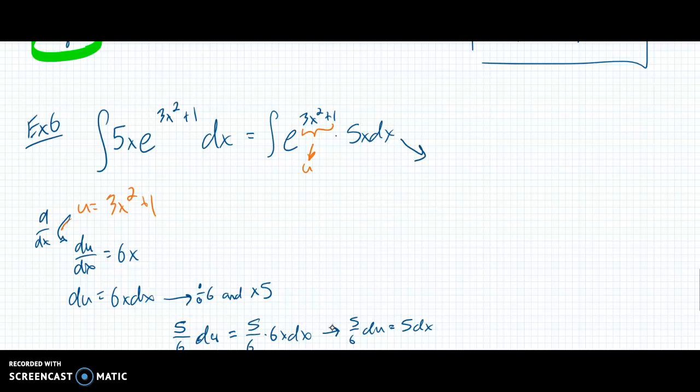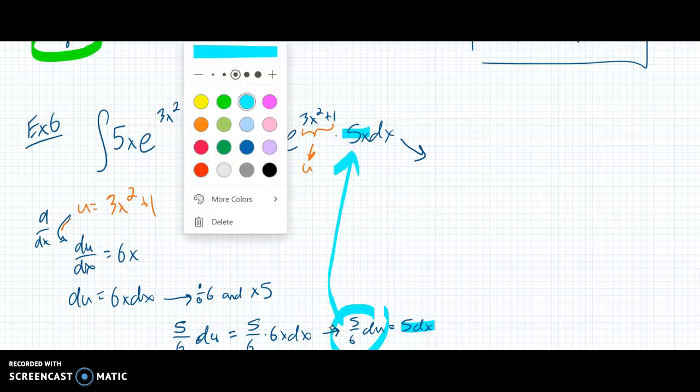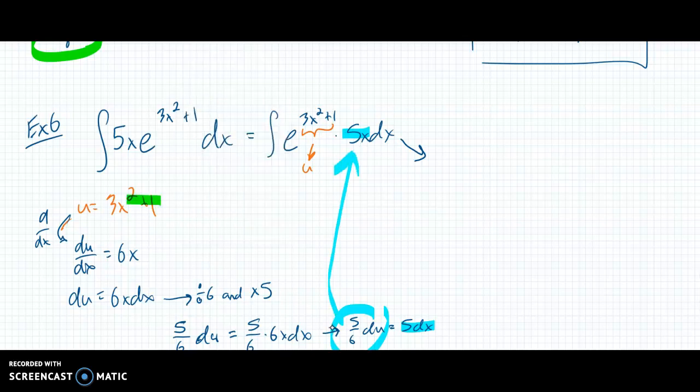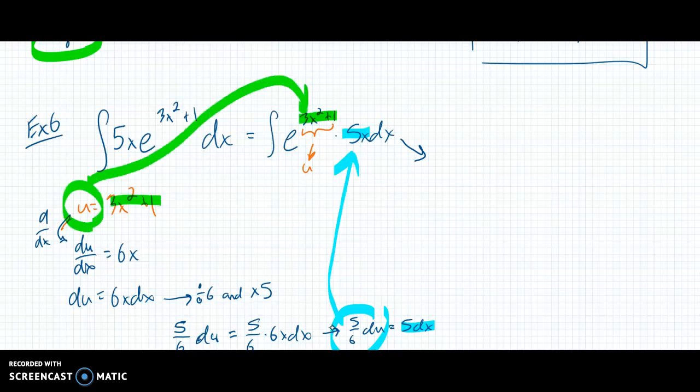So I should highlight this is this. So this will replace that. And then this is this. So this replaces that. So we get, I'll write it in a couple steps. I get integral of e to the u times 5 over 6 du, which I can take the 5 over 6 and move it out front of the integral.